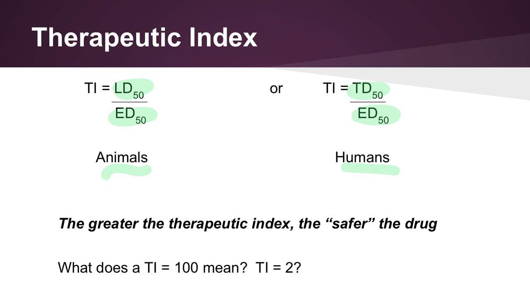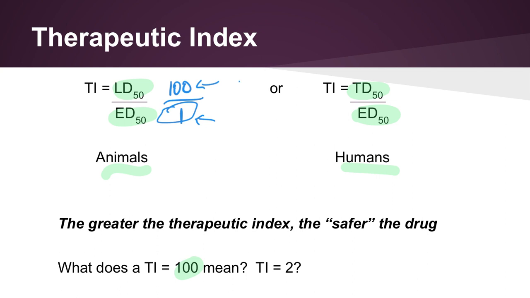So if you had 100, it means that essentially you'd have to give 100 for every one sort of unit of effective dose. So that means that if you're giving just 1 gram here, then it would take 100 grams to kill 50% of the population.